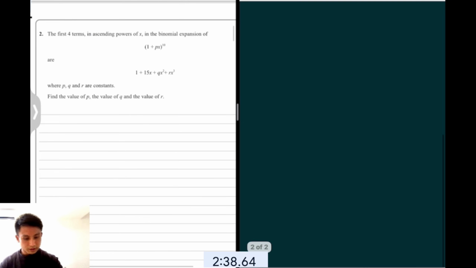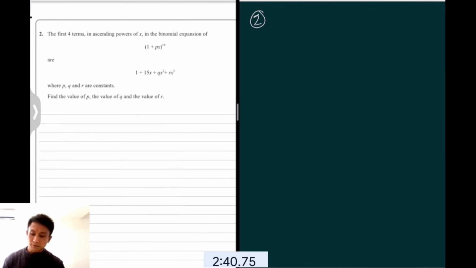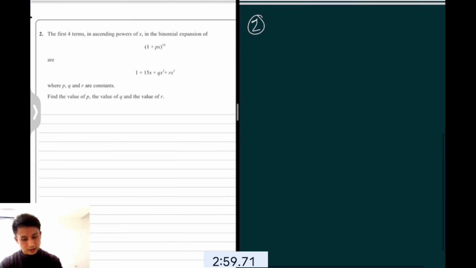Second question. The first 4 terms in ascending powers of x in the binomial expansion of that are that, where p, q, r are constants. Find the value of p, the value of q, and the value of r. So we're just going to expand the first 4 terms. I'm just going to write (1 plus px) to the power of 10 equals, well, the first term is just 1 to the power of 10.